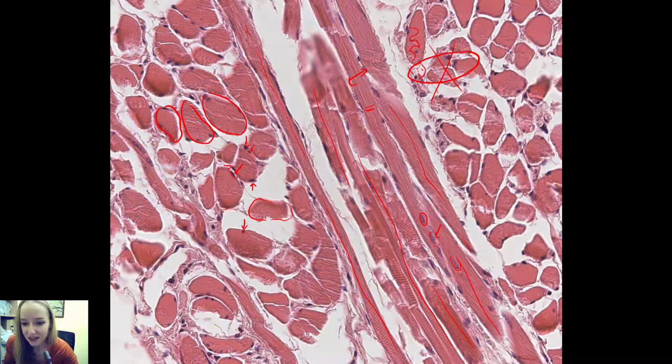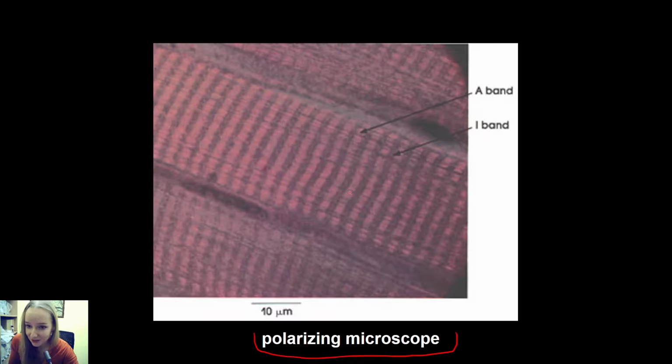In the light microscope we see dark eosinophilic lines, but in the polarizing microscope they are light, and they are called A bands, or anisotropic.